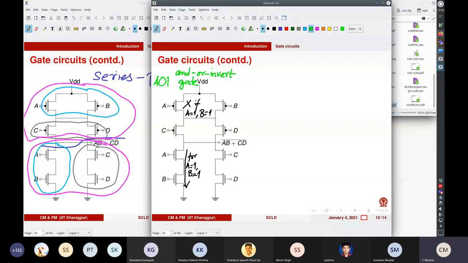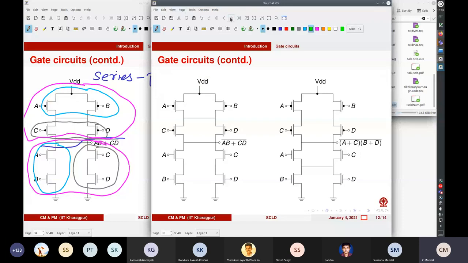All right. So let us look at the next one. So this is, as you can see, an OR and invert gate. This is AND or invert. This is OR and invert.